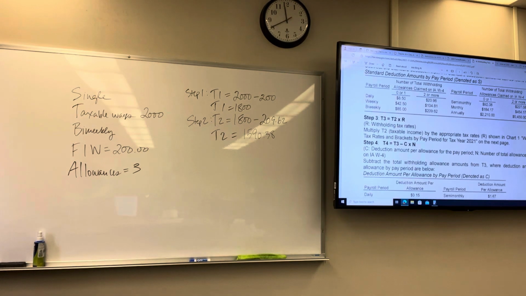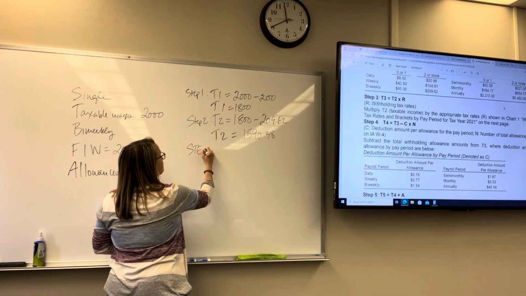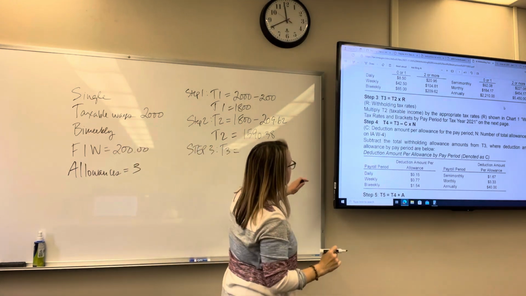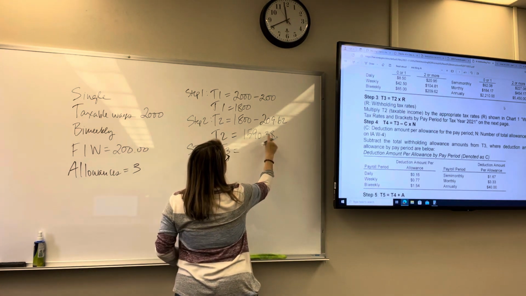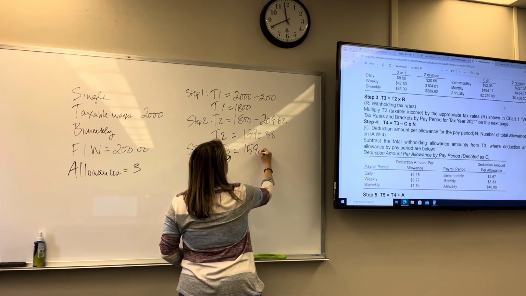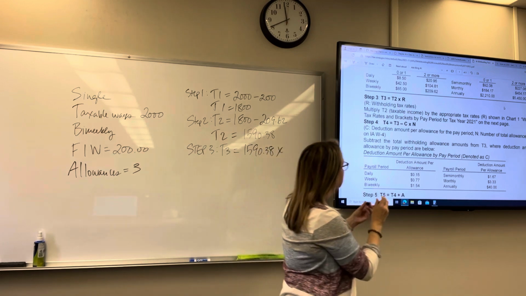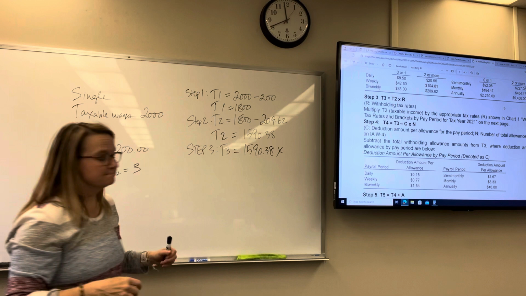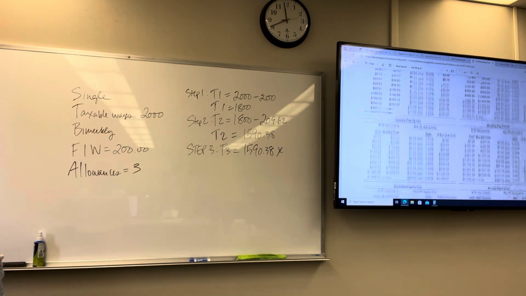Step 3. T3 equals T2 minus R. So T2, 1590.38, times our tax rate. Now it says for tax year 2021, chart 1. Is chart 1 here? Yeah.